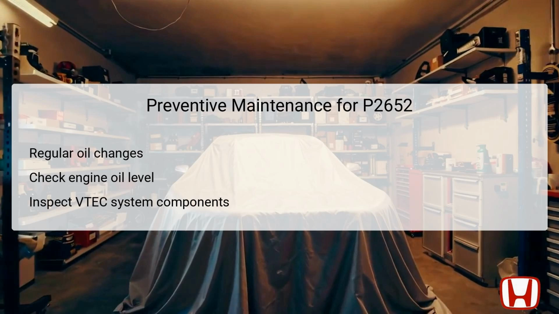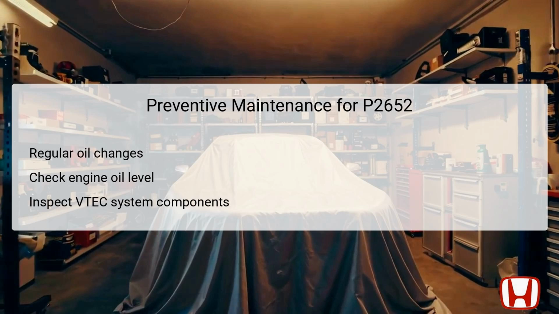Regular inspections of the VTEC system components, particularly the rocker arm oil pressure sensor and control valve, will help catch any early signs of potential failure before they develop into more significant issues.